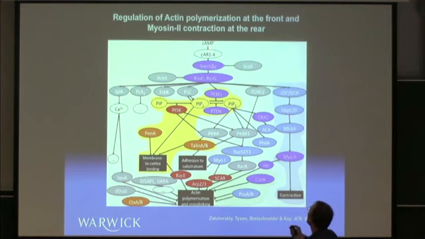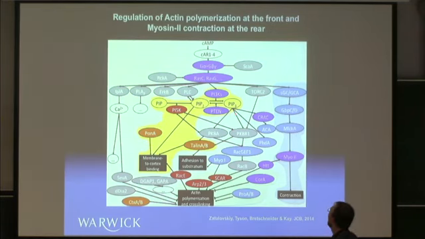So the idea is that in response to a cyclic AMP signal, we have a signaling cascade which results in local enrichment of PIP3, and then other molecules can read out that signal, and further downstream the ARP2/3 complex will result in actin polymerization.